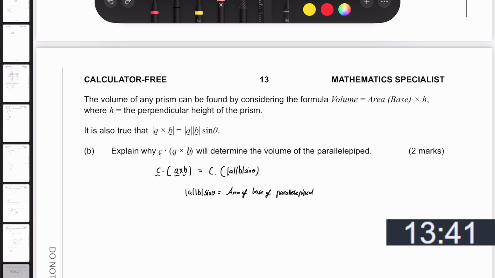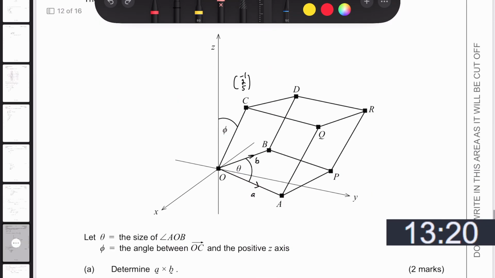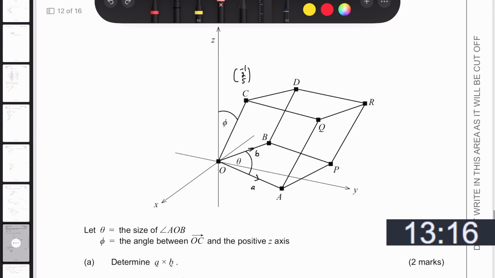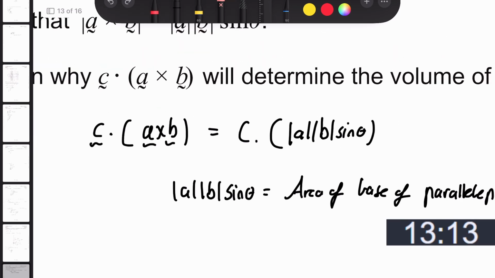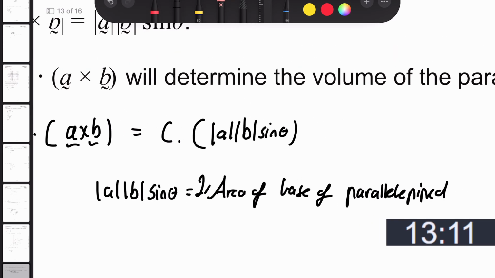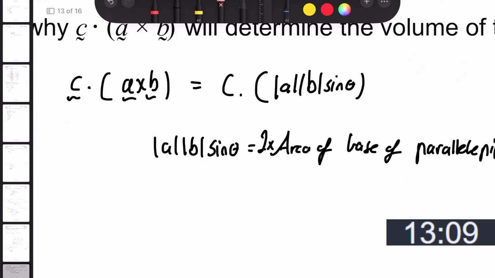Is C dot that the height though? AB sine theta. Well, it needs to be half of that. 2 times the area of the base of the parallelepiped.